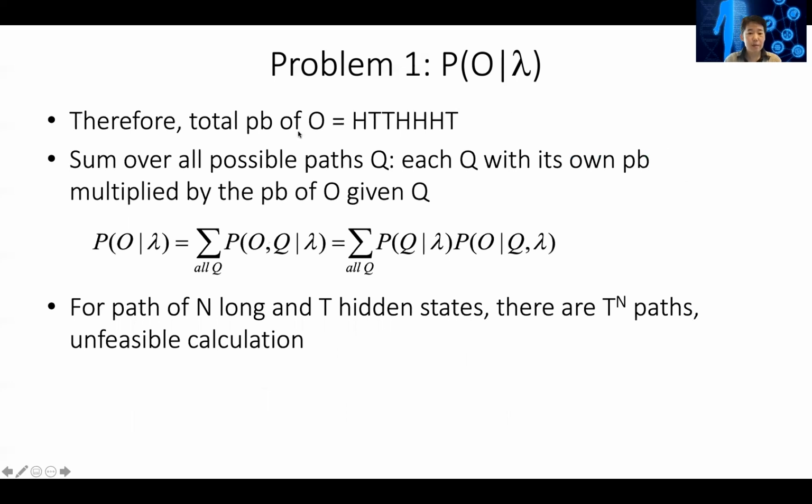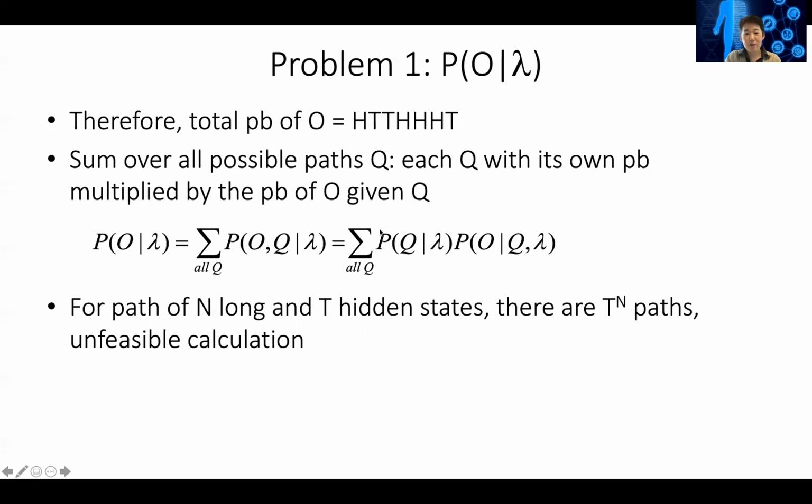Therefore, the probability of seeing this particular coin flip order is to sum over all the possible paths. Every path has its own probability of happening, multiplied by the probability that on this path, you are going to give out this particular coin flip, right?